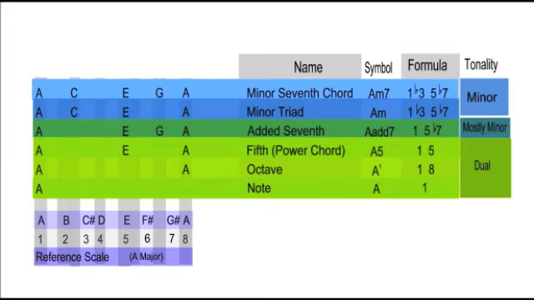The minor triad is the last element that I have attributed minor tonality to, but on the next line I have included an element called the added 7th. This has the formula 1, 5, flat 7 and to my mind should work over minor chords similarly to the way the added 6th shuffle works over major chords.